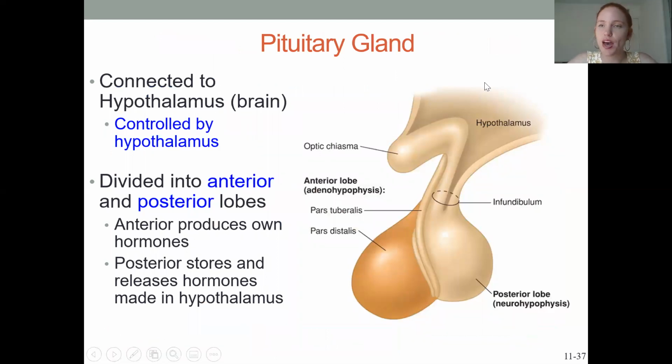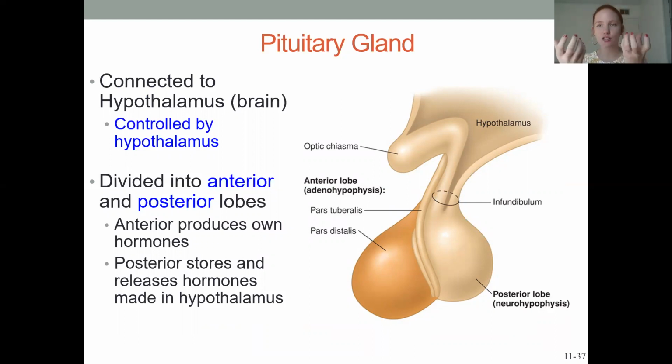Here we are looking at the hypothalamus. Again, hypothalamus, if you think of right in the very middle of the brain, underneath that, that's the hypothalamus. And the hypothalamus then is connected to the pituitary by the infundibulum. The pituitary has 2 lobes, and each of those lobes secrete different hormones.